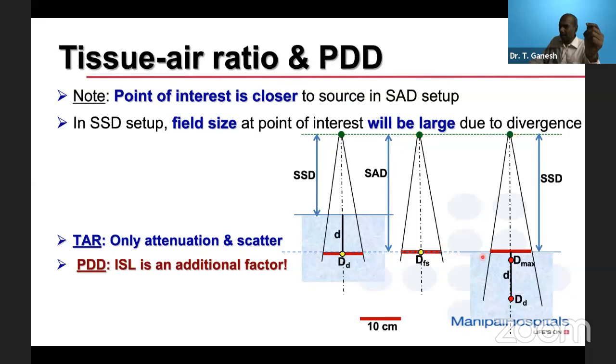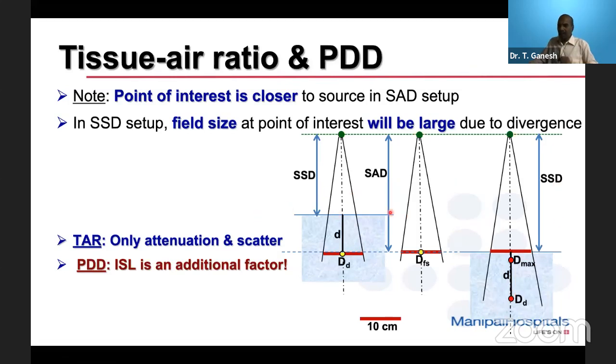But in PDD, the points are at different distances. PDD is the dose at this point to the dose at this point expressed in percentage, right? So these 2 points are at different distances, but the field sizes here, here, and here are the same. The points are at different distances for SSD and for SAD.